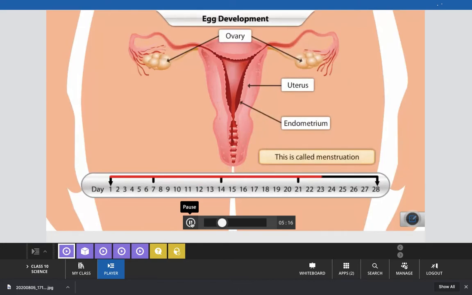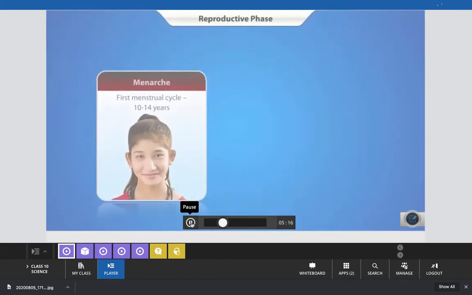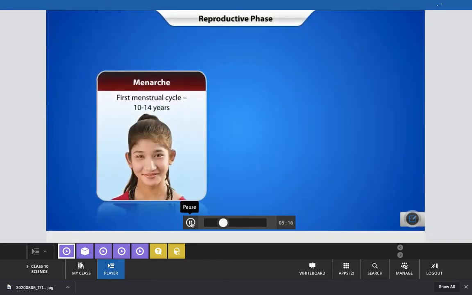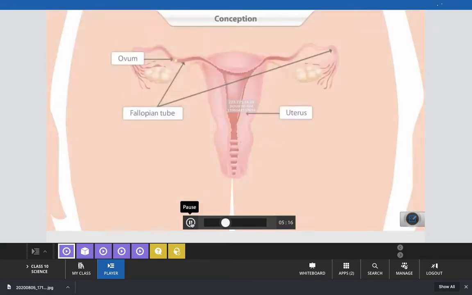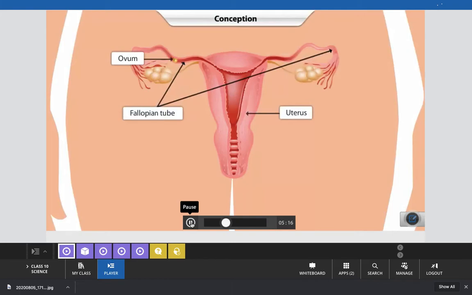This shedding is called menstruation. The female reproductive phase begins from her first menstruation cycle and lasts until she reaches menopause. Conception or fertilization occurs in the fallopian tube.